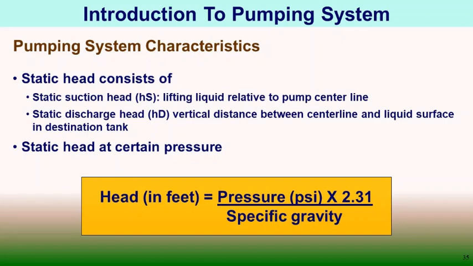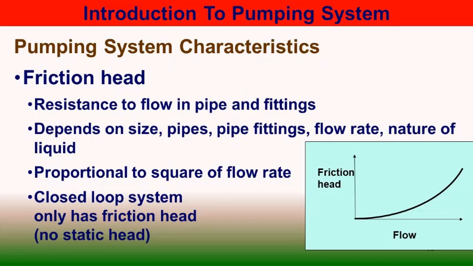Now let us try to understand the friction head, or head loss due to friction in the flow passage. This is the loss needed to overcome that is caused by the resistance to the flow in the pipe and fittings, and it is also dependent upon the conduit of the flow passage, its geometrical configuration, number of bends, etc. So size, condition, type of pipe, number and type of pipe fittings, flow rate, nature of liquid, everything comes into this creation of friction head.